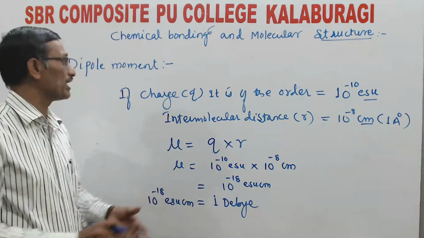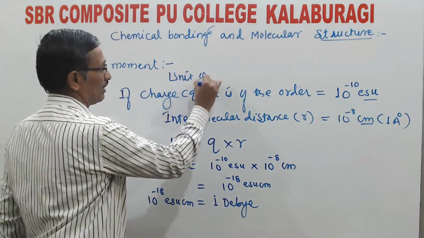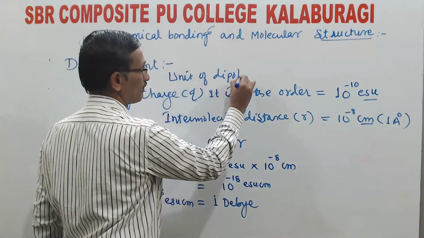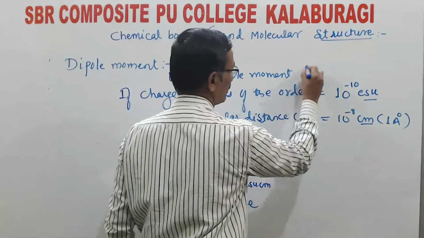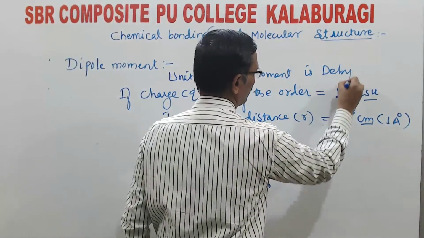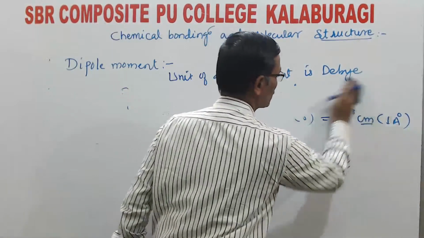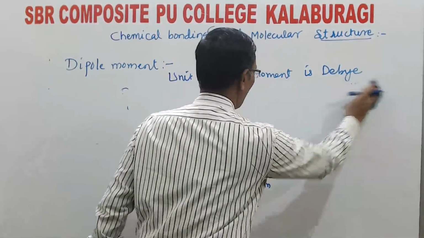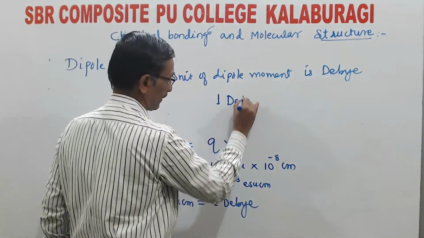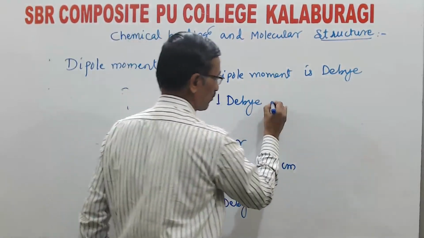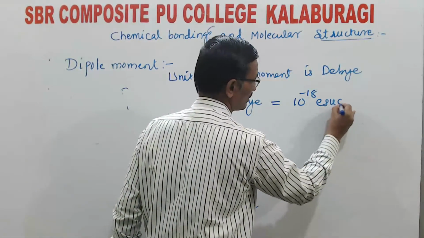Therefore, the unit of dipole moment is Debye. So what can we write now? 1 Debye is equal to 10 to the power of minus 18 electrostatic unit centimeter.